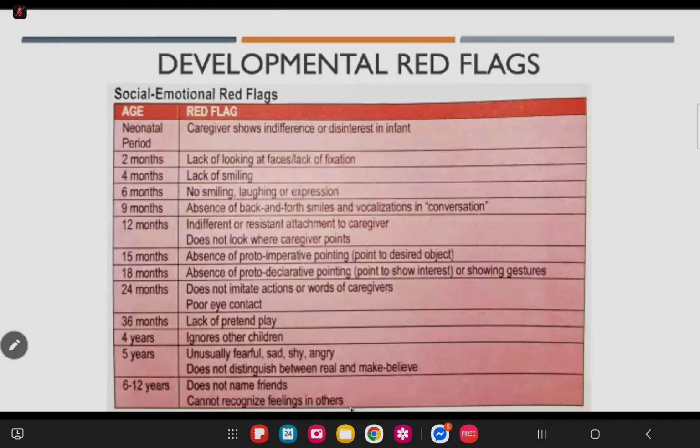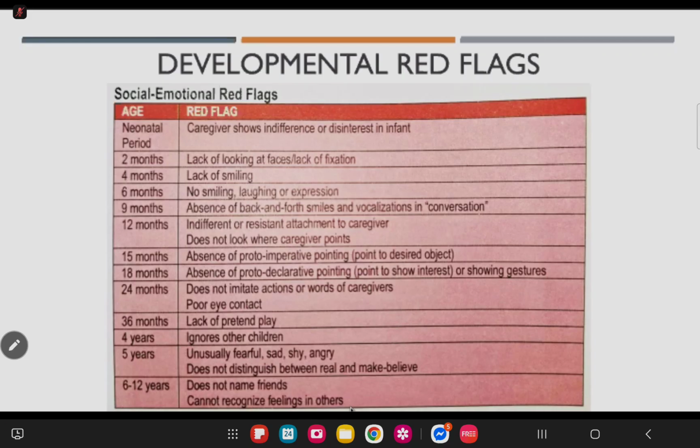So, for your social or emotional red flags, in the neonate, this is an observation towards the caregiver. The caregiver shows indifference or disinterest in an infant. So what does this mean? It's possible that the infant is an unwanted child, or maybe the caregiver is abusive.